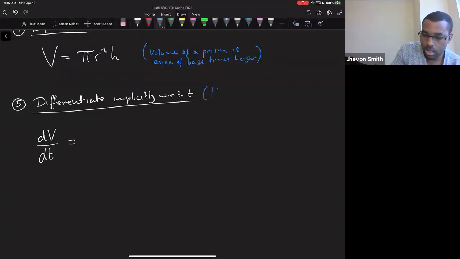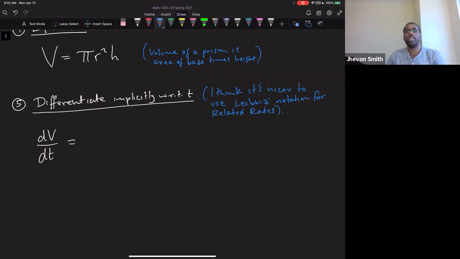I think it's nicer to use Leibniz notation here, because usually there are a bunch of variables swirling around, and you do want to keep reminding yourself that t is the independent variable, t, right?